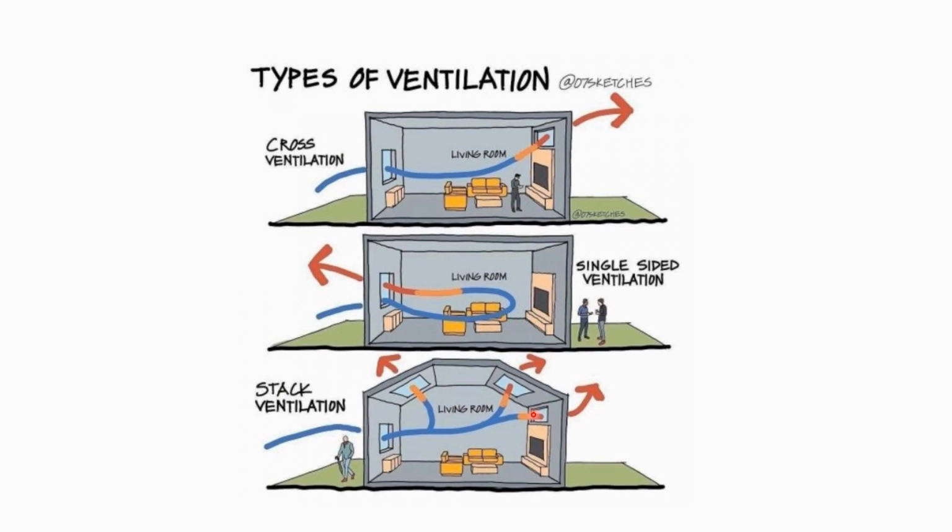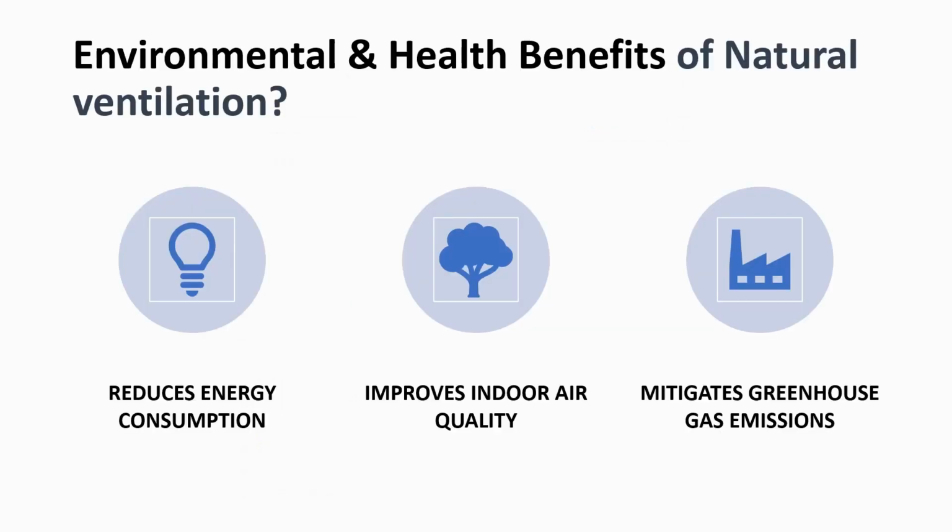Just like any building or any design choice, it should fit the building, the people in it, and the surroundings. By using natural ventilation, we minimize reliance on air conditioning systems and fans. We can also improve indoor air quality by bringing in fresh air and expelling pollutants and stale air.